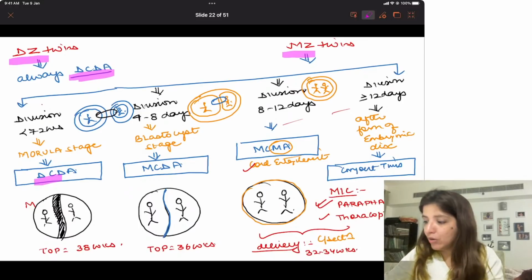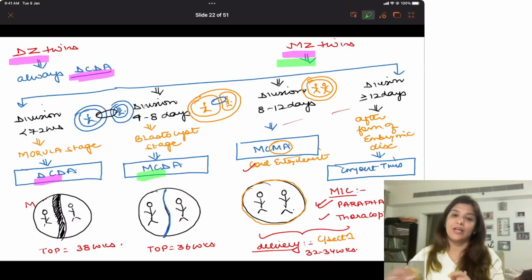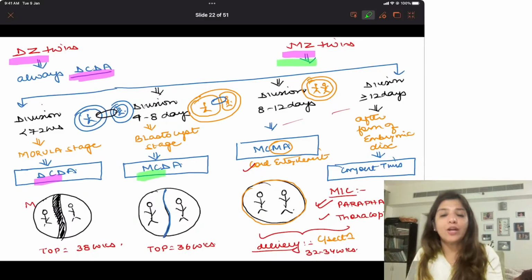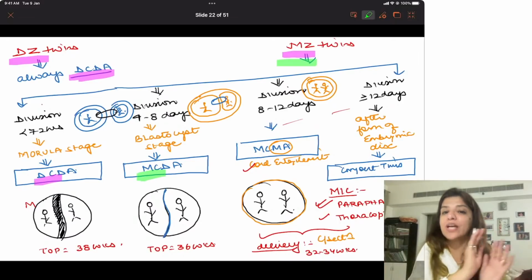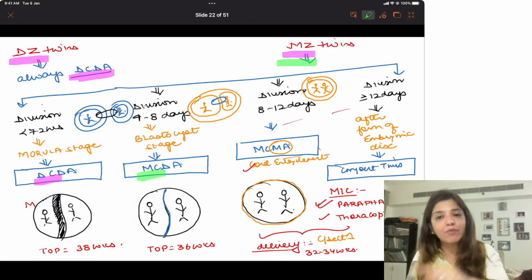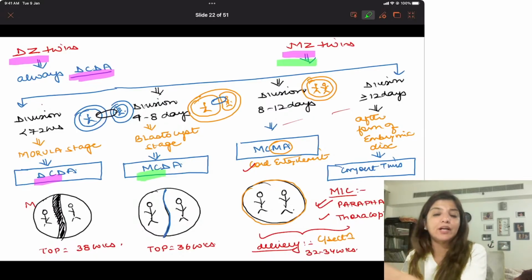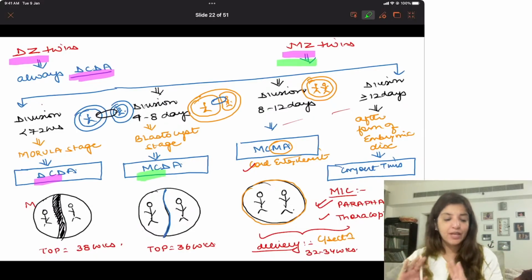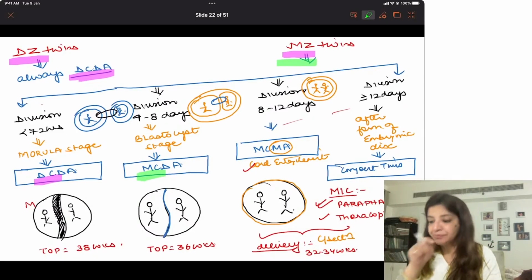Monochorionic is always going to come only and only from monozygotic. Monochorionic means that the twin is monozygotic. Dichorionic doesn't mean that the twin is dizygotic. Dichorionic can come from dizygotic, dichorionic can come from monozygotic. Is this point clear to all of you?